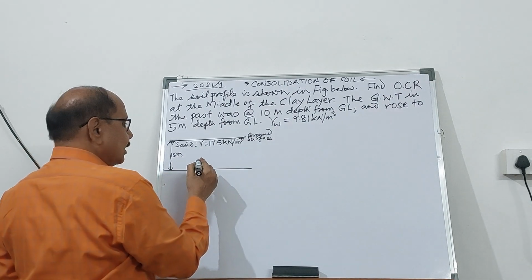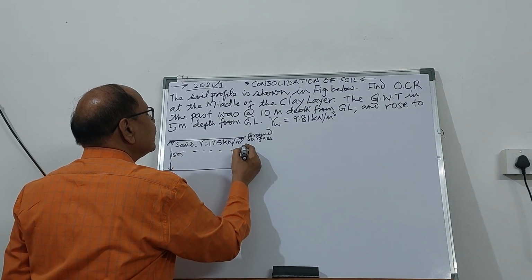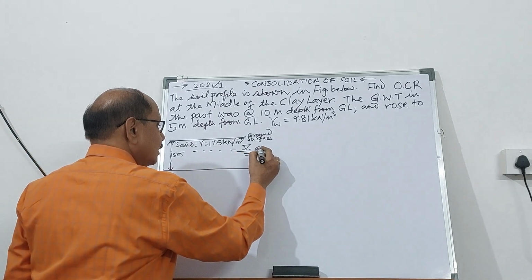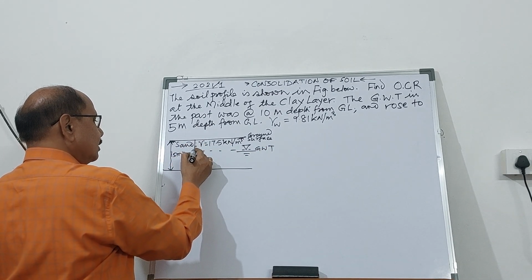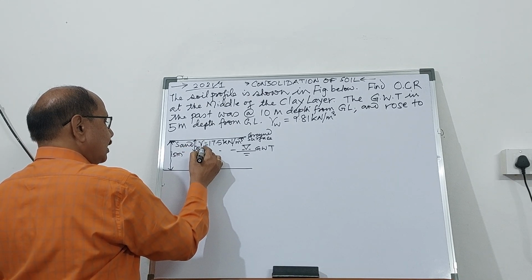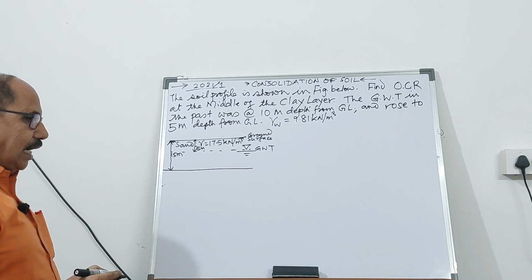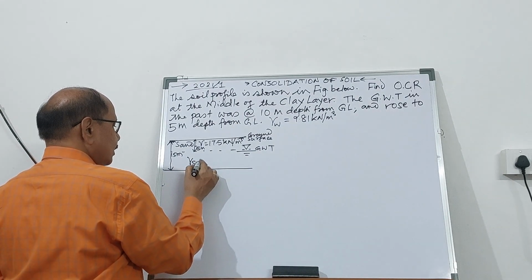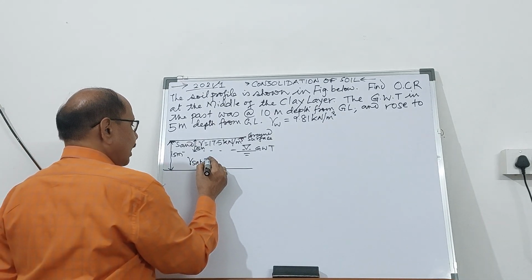The present groundwater table is somewhere here. So this is the groundwater table, GWT. This groundwater table is at a depth of 5 meter from the ground surface, and the saturated unit weight is 18.5.